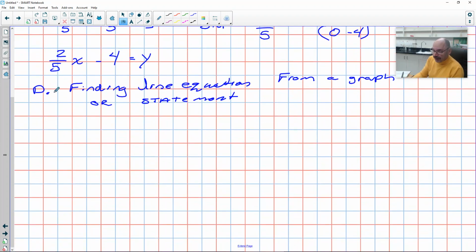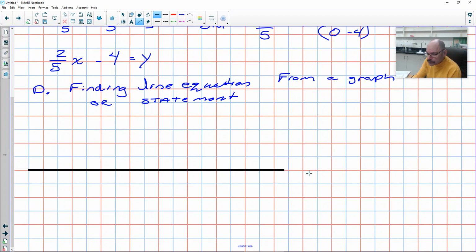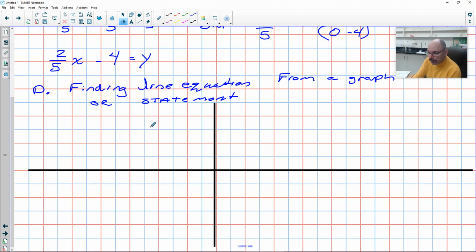Okay, I'm going to draw a little line axis here. Okay, and I'm going to say that we have this point here given to us and this point here given to us.